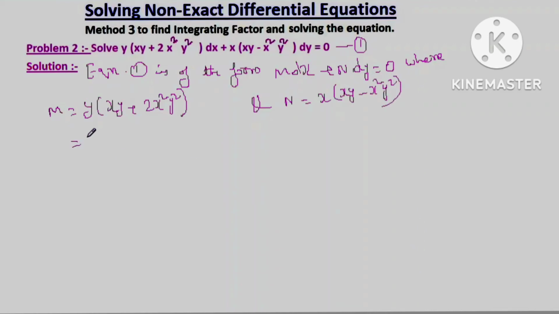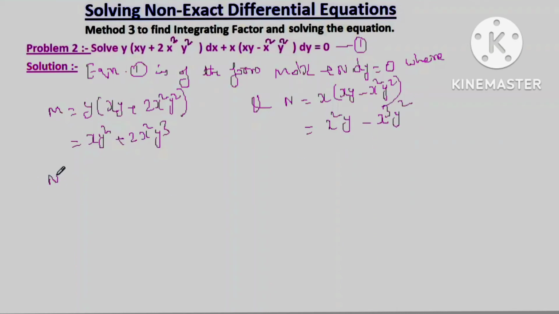So this is nothing but xy square plus 2x square y cube, and this is nothing but x square y minus x cube y square.